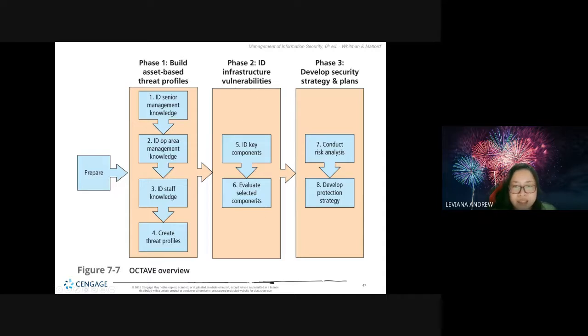And then evaluate selected components. And then phase 3, lepas dah pecah-pecahkan what are the threats, what the sumber of the vulnerabilities, they will develop security and strategy plans, conduct risk analysis, and develop protection strategy.